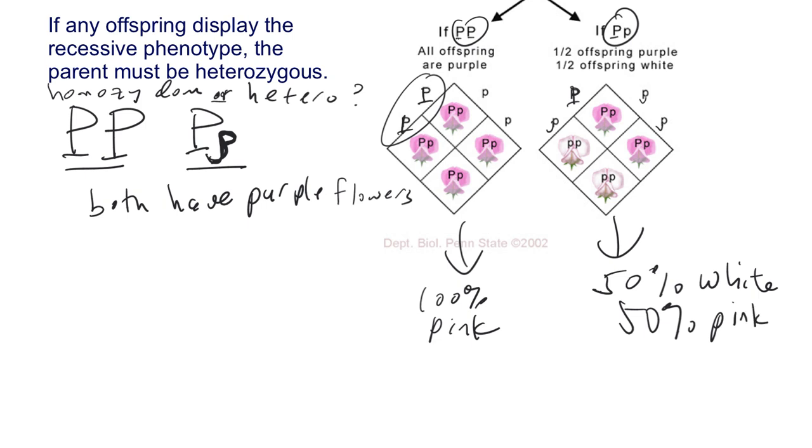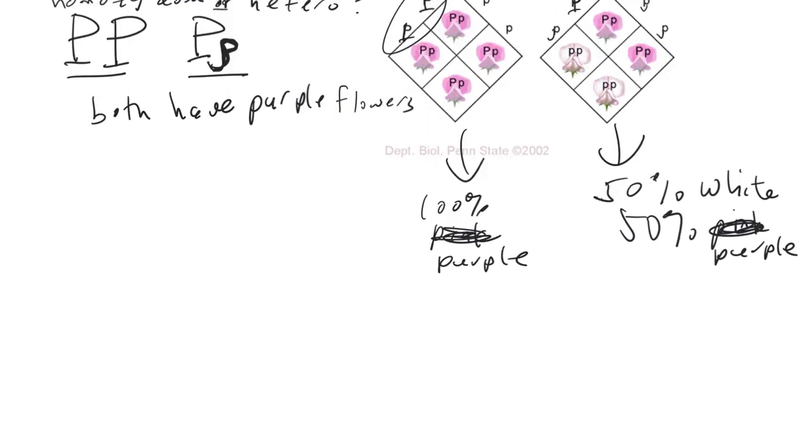I should be saying purple. So you don't really have to know the genotype up front, because you can tell by the cross results when you cross it with a homozygous recessive what the genotype would be of the purple flower plant.